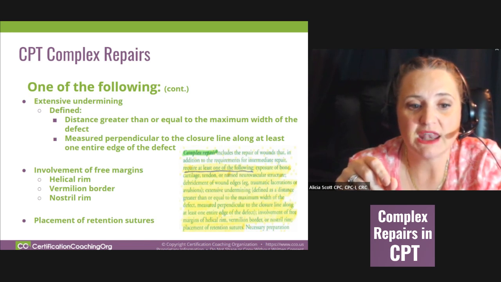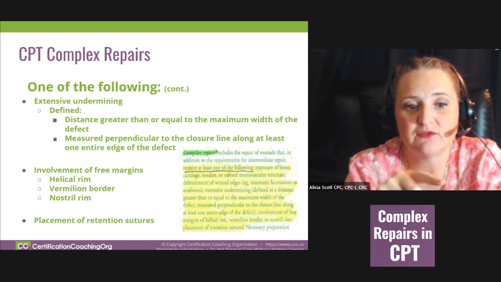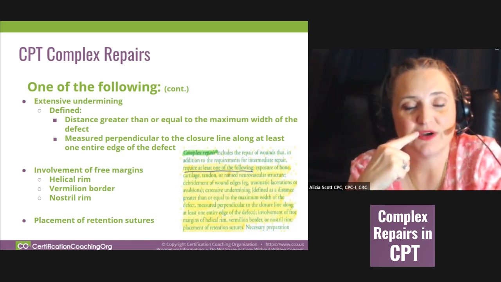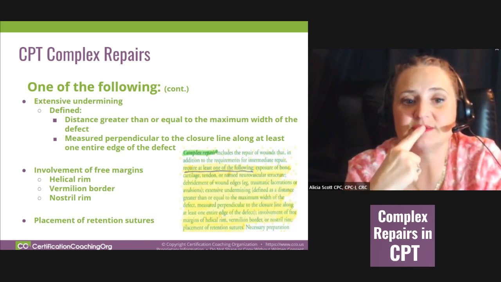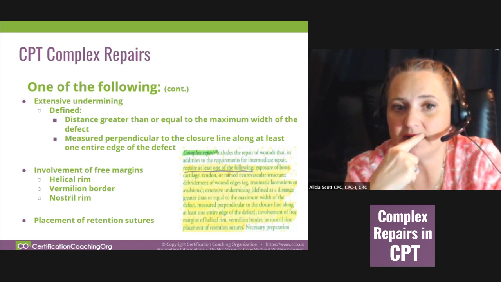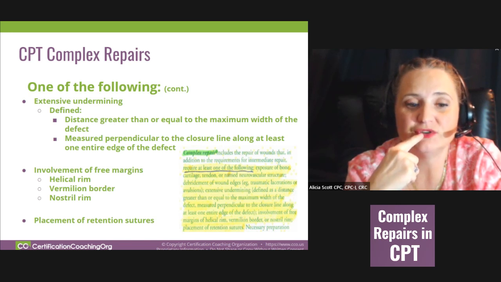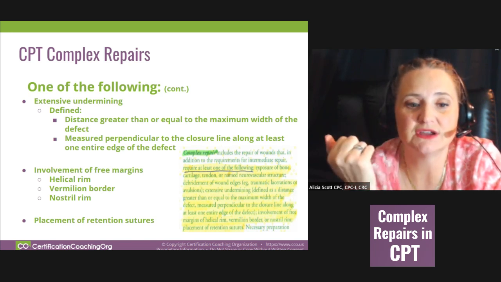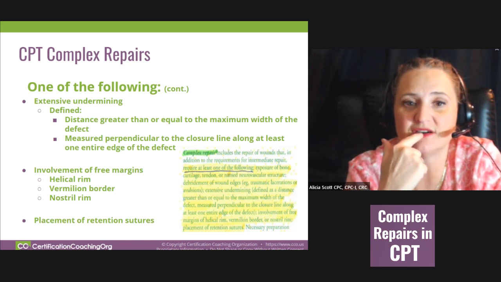So I like to talk about that vermilion border because if you're a female and wear lipstick, maybe you use a lip liner on the vermilion border. That is actually the area on the mouth, the outer ledge of the lip itself.